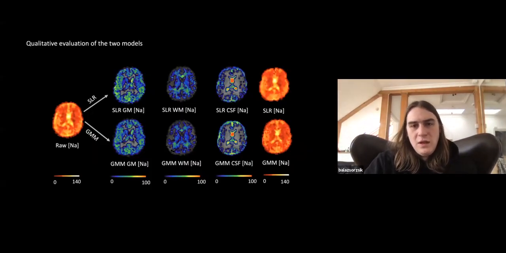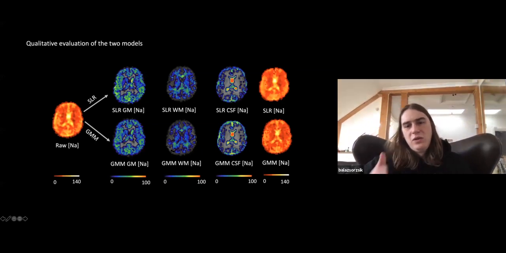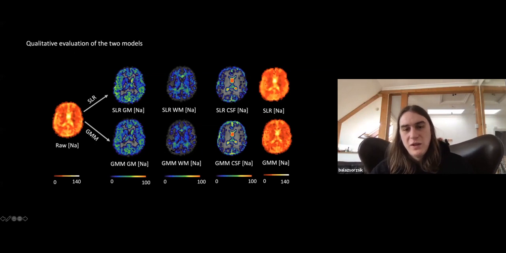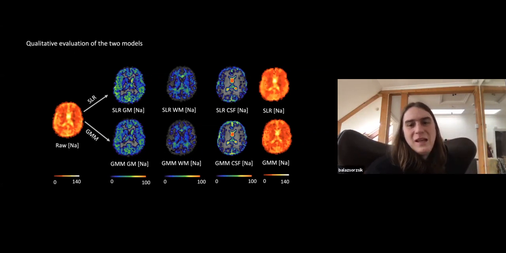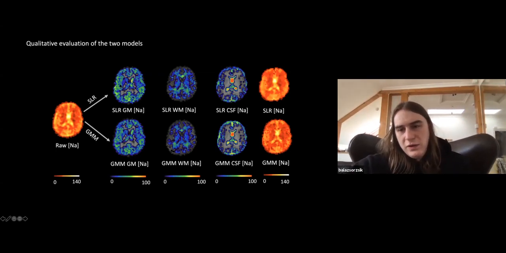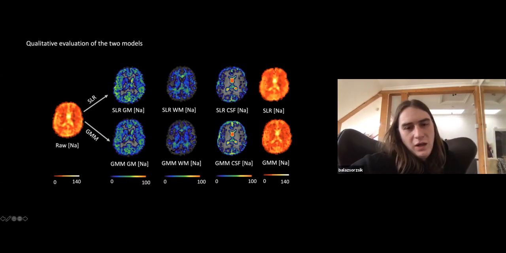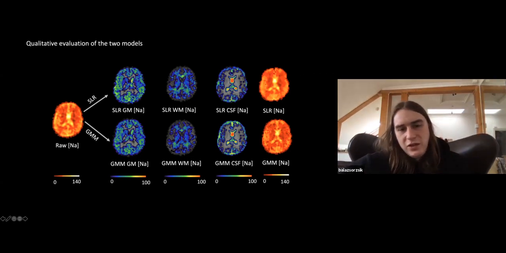So here I want to show some qualitative data, like what these algorithms actually produce. In the top row, this is the output of the SLR method. These maps represent the pure tissue sodium concentration in gray matter, white matter, and CSF.